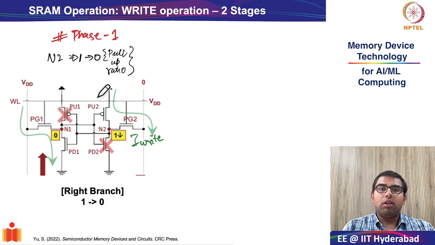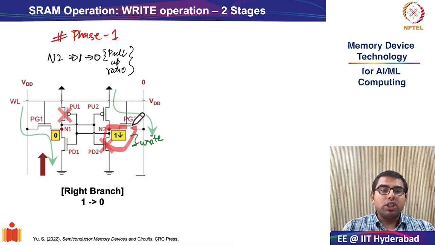Let us try to recall what we were discussing in the last class. In the last class, we had seen that the write operation in the SRAM cell consists of two phases. In phase 1, storage node 1 gets activated.